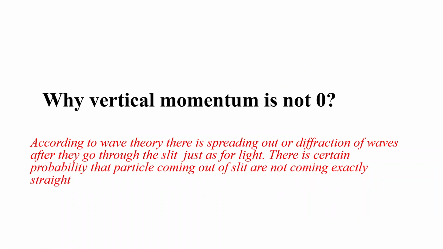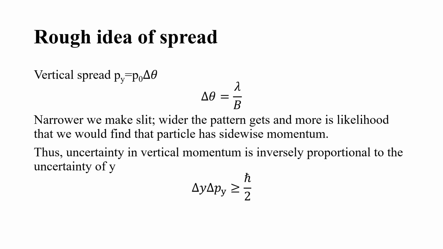So why is the vertical momentum not 0? That can be answered this way: according to wave theory, there is spreading out, or diffraction, of waves after they go through the slit, just as for light. There is a certain probability that particles coming out of the slit are not coming exactly straight. So we have a rough idea of the vertical spread. Let's say Py equals P₀Δθ.